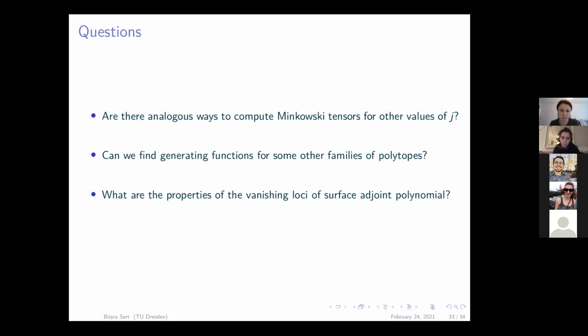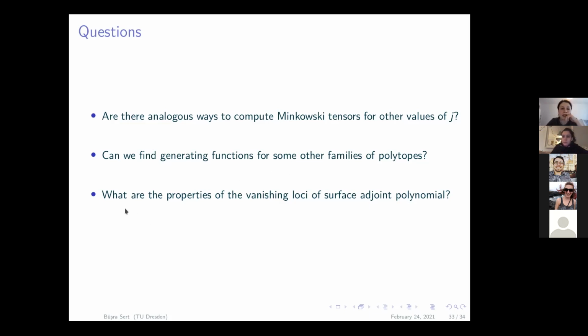So it will become a bit more complicated, but maybe there is a way to fix it and to make it work. Another question is, can we find such generating functions for some other families of polytopes? For volume tensors, it was done for simplicial polytopes, and for surface tensors, we show it for polytopes with simplicial faces, but maybe it's also possible for some other families.